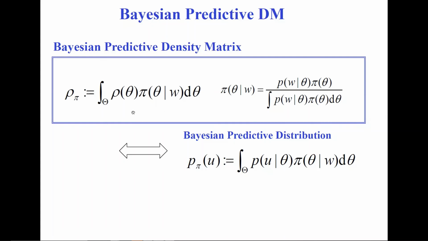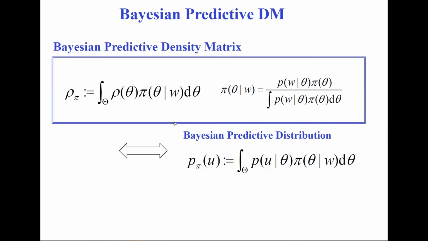Of course, we set a prior distribution over the parameter space, then together with the data generating model, we can construct the posterior. We write the formula of the posterior. This p of w given theta is the data generating model, and p of theta is the prior distribution. We have to assume it.